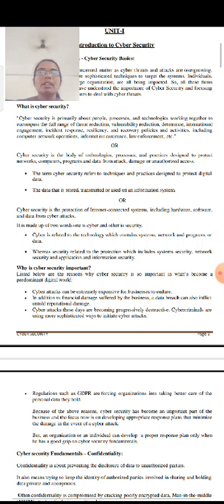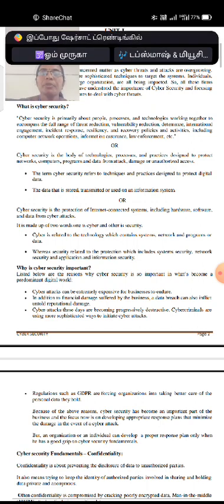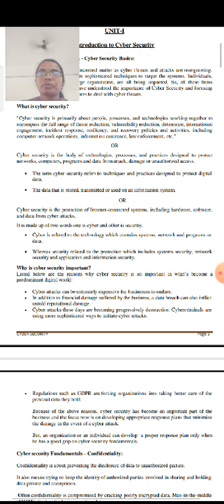Security is related to protection, which includes system security, network security, and application and information security. So these are all the definitions for cyber security.